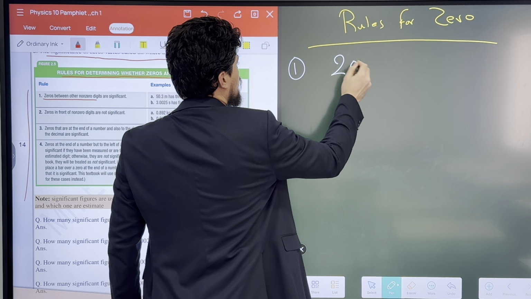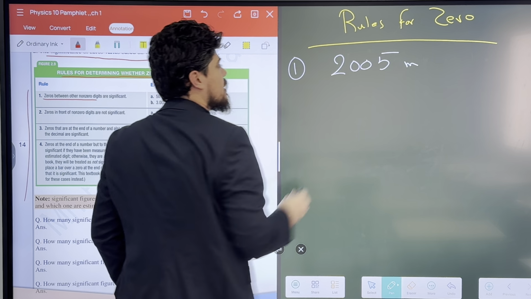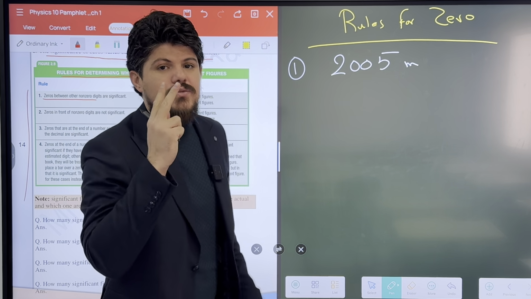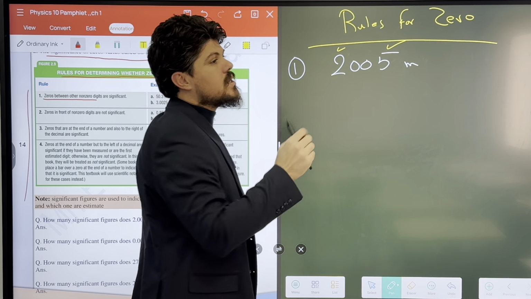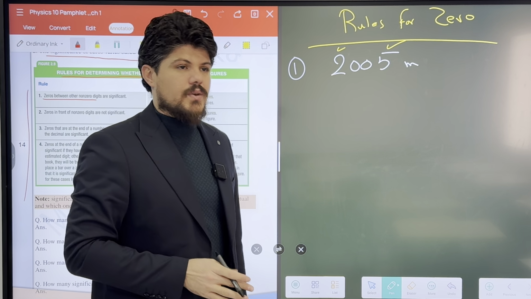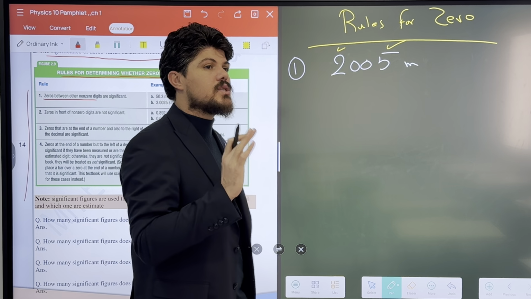For example, 2005 meters. Guys, how many non-zero numbers do we have in this number? We have two numbers. These two numbers are significant figures? Yes. Why? Because all non-zero numbers are significant. What remains? The two zeros. We have a problem with the zeros.